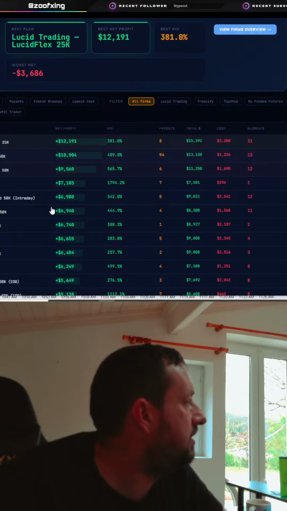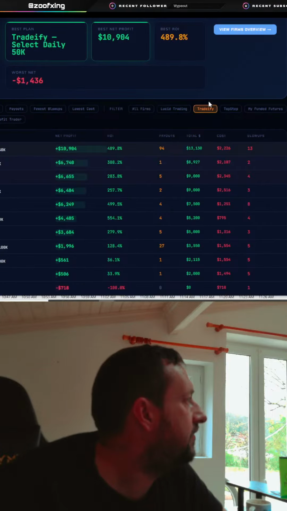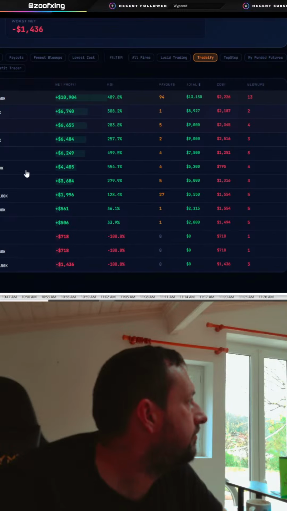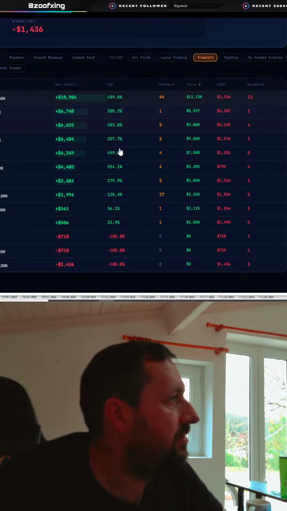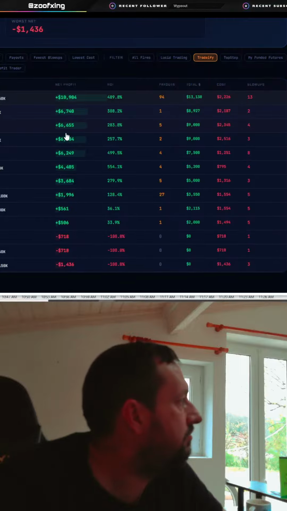You can see that, let's do Traderify. Right, there's the Lightning, 150k. Lightning 50k, 5 payouts, right? So you can see how they do with the Lightning. Now, what's really interesting is this.